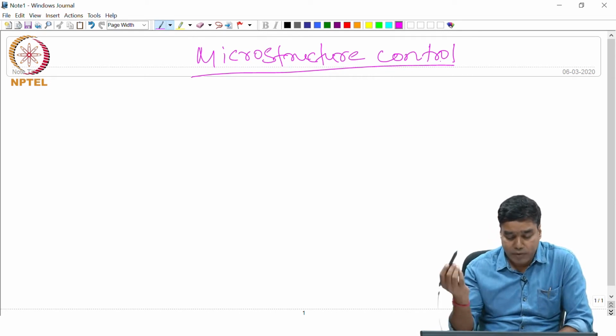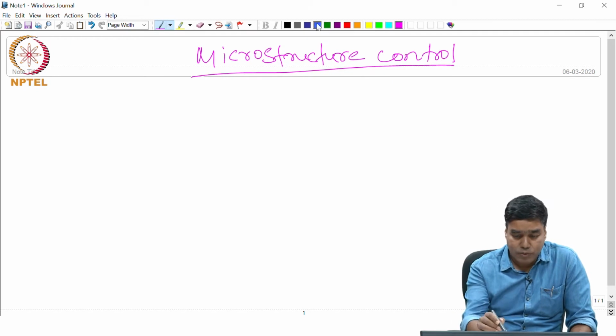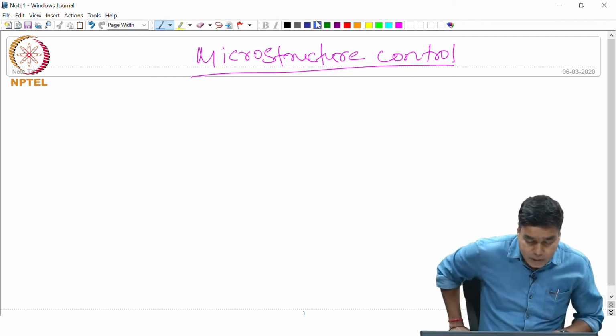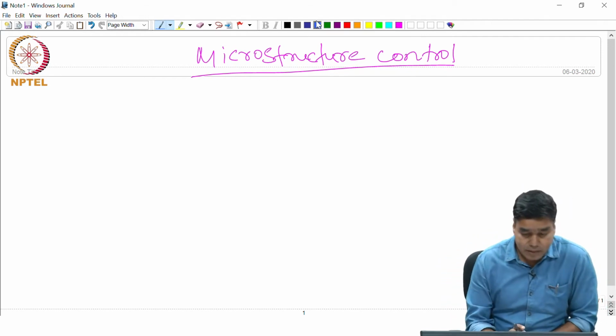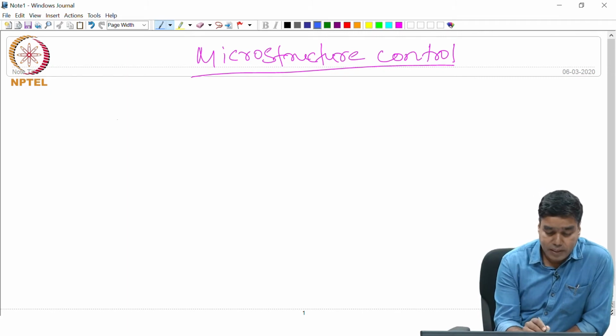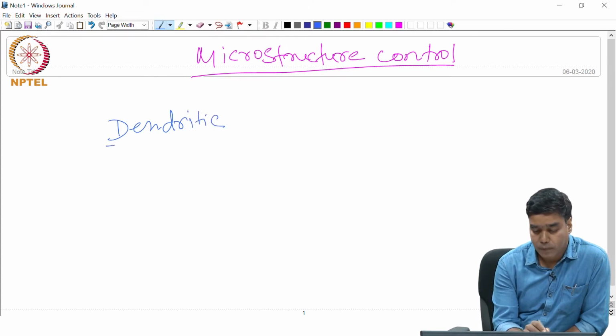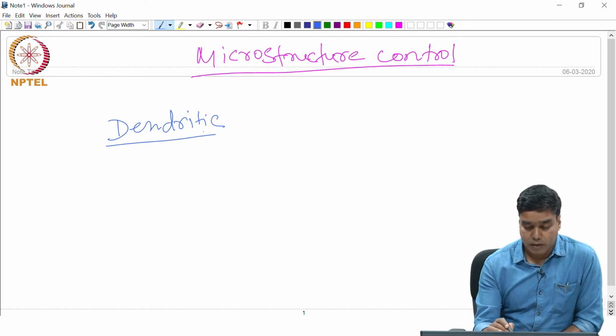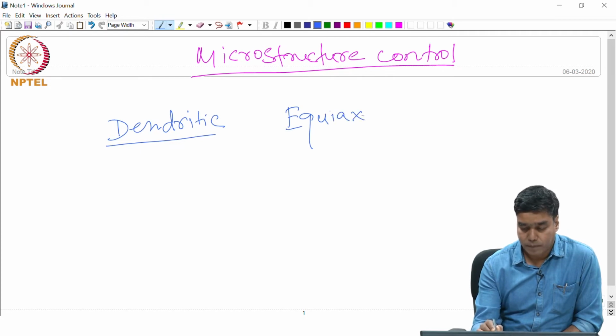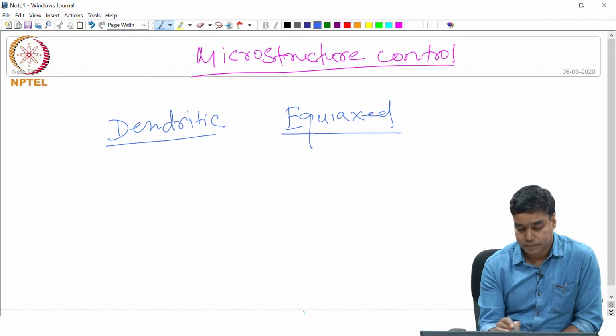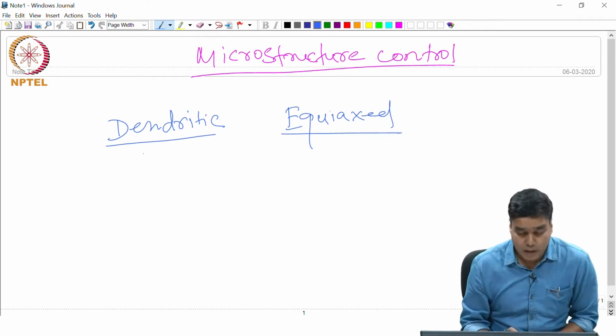Now, what we have seen so far is that as far as the microstructure is concerned, we have seen this kind of microstructures, dendritic and equiaxed, right?